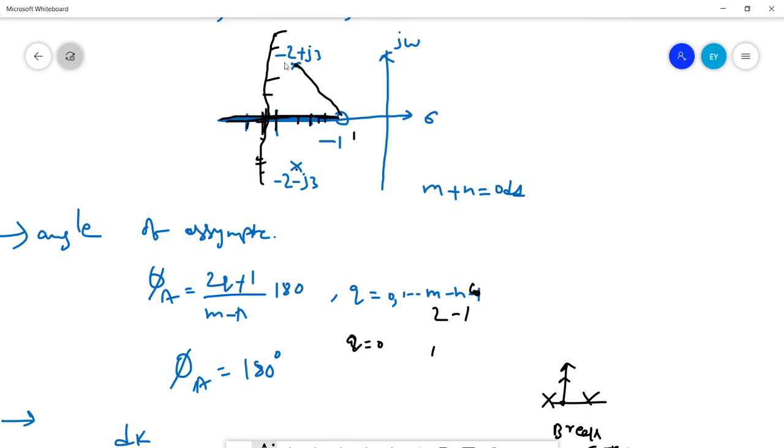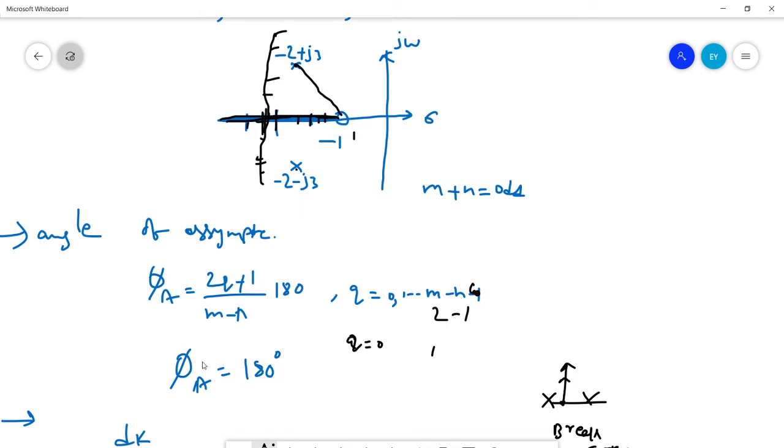One pole tends towards the zero, and the other pole tends towards infinity. Only the leftover poles tending to infinity are considered for the angle of asymptotes, so we get only one angle of asymptote, because only one pole is left.